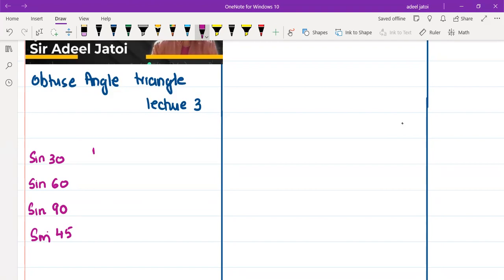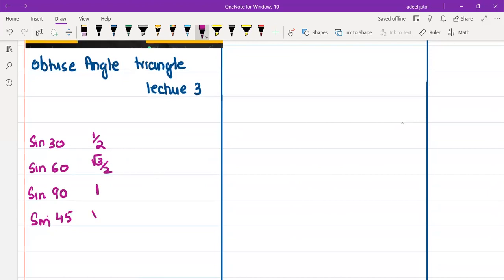Sine 30 is half, sine 60 is under root 3 upon 2, sine 90 is 1, sine 45 is under root 2 upon 2.